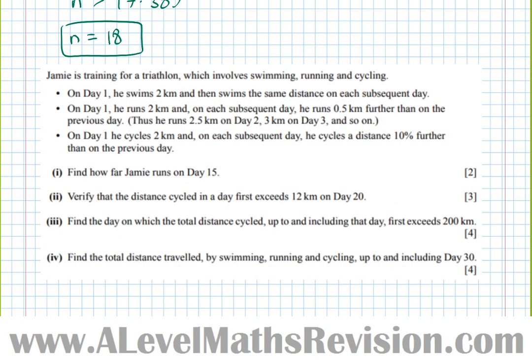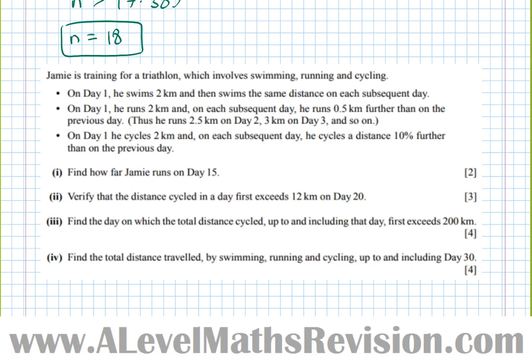So Jamie's training for a triathlon, which involves swimming, running and cycling. On day 1 he swims 2 kilometres, then swims the same distance on each subsequent day. So he always swims 2 kilometres every day. On day 1 he runs 2 kilometres, and on each subsequent day he runs 0.5 kilometres further than on the previous day. So 2.5 kilometres on day 2, 3 on day 3, and so on.